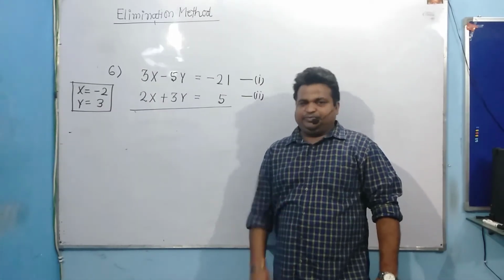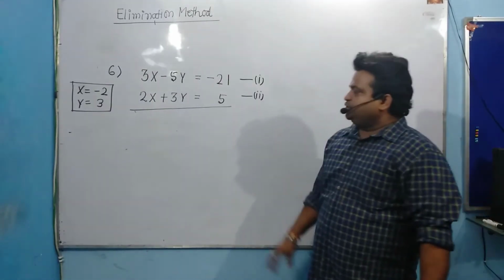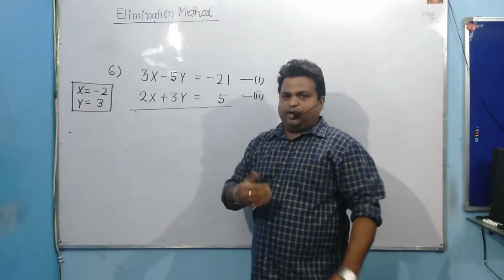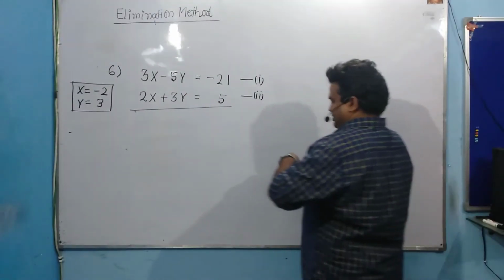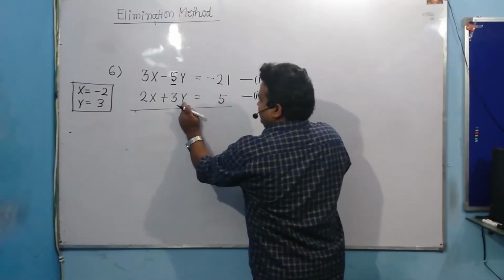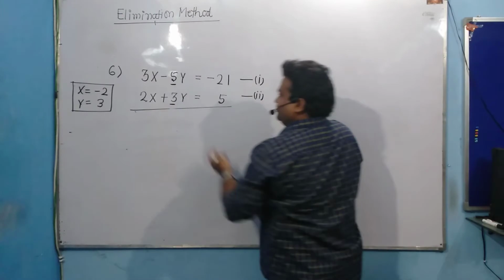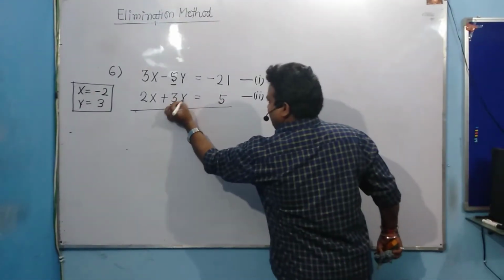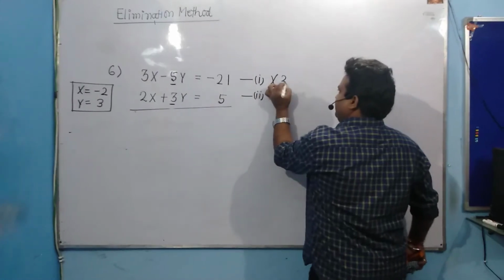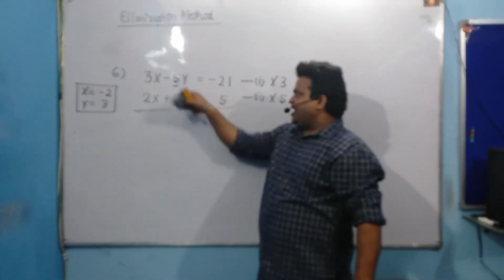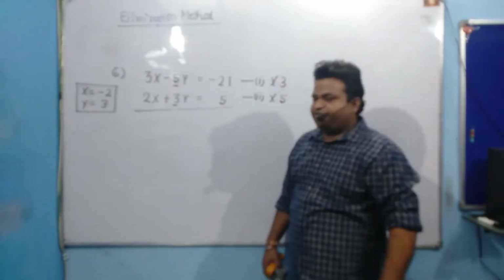Now in this approach, I solve the same question by equating the y variable. The coefficient of y in equation number 1 is 5, and in equation number 2 it is 3. So you simply interchange the values: multiply 3 in equation number 1 and 5 in equation number 2 to make the y coefficient equal, which is 15.